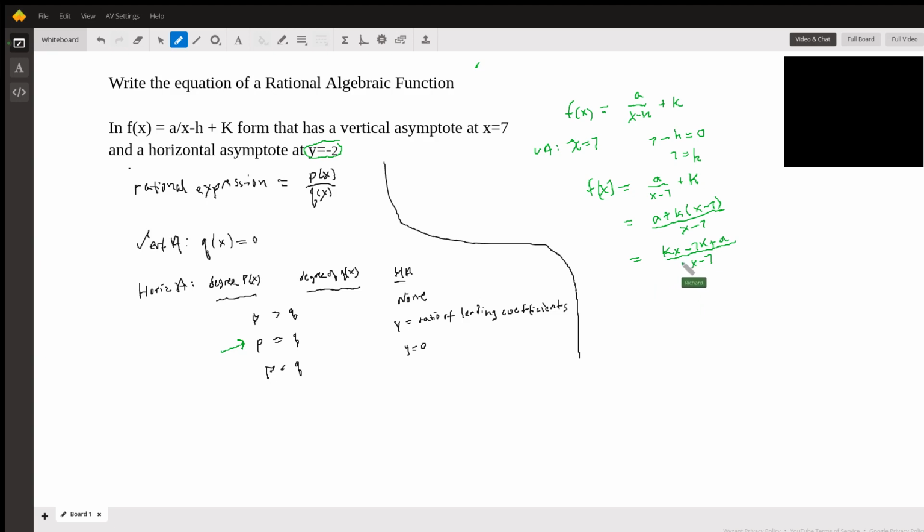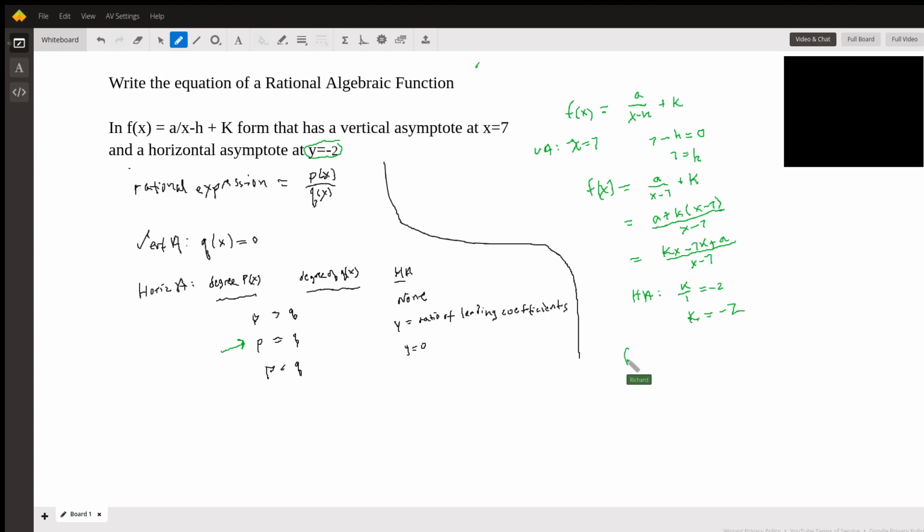So that just tells us that the horizontal asymptote is the ratio of the leading coefficients, which would be k over 1. And we want that to be -2. So that tells us that k itself is -2. And now we can pop that right into this one up here.